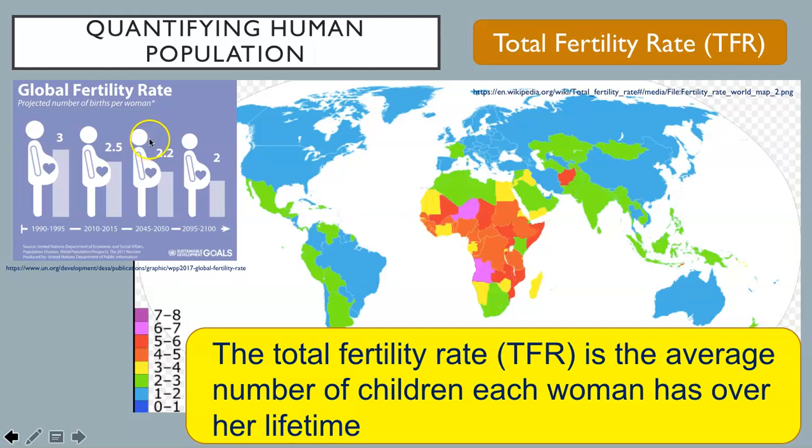In this image, you can see that it is projected that on average, each individual woman will be having fewer children, hovering around 2 per woman. However, notice that in lower economically developed countries, women are still having an average of 3 to 6 children per woman.